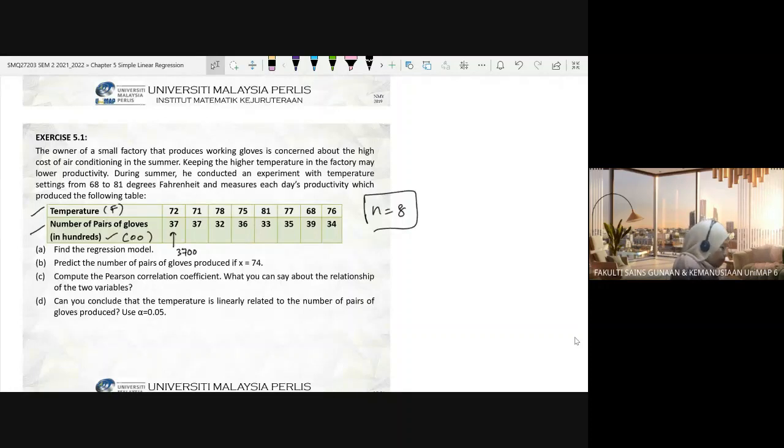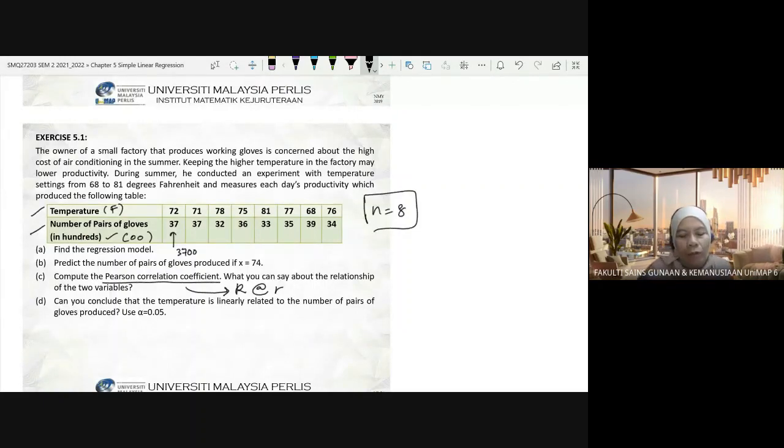Do you still remember? Is this R or R squared? This is your R, right? So find your R. What can you say about the relationship between temperature and the number of pairs of gloves produced? And finally, you need to do some hypothesis testing for this model using alpha 0.05.